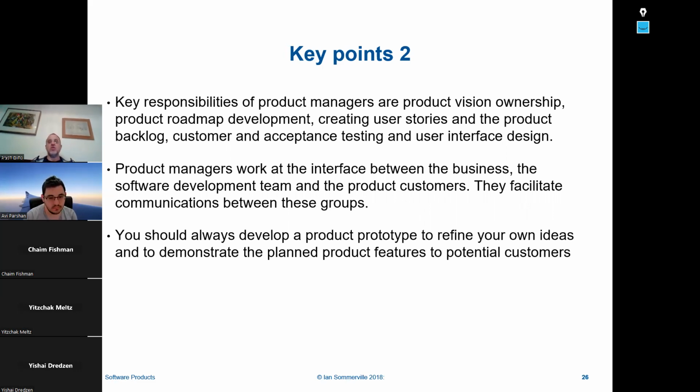He's also supposed to create user stories, which means he's supposed to create scenarios wherein the product will be used, like who's going to be using it, what type of person, for what purpose, and the product backlog, which I'll call the feature backlog. Customer acceptance testing and user interface design.